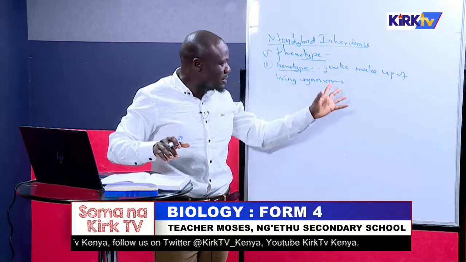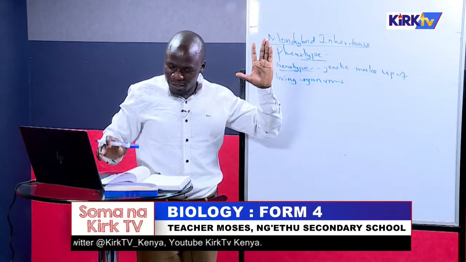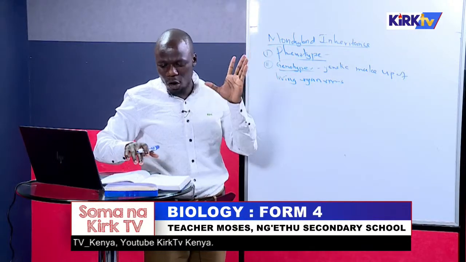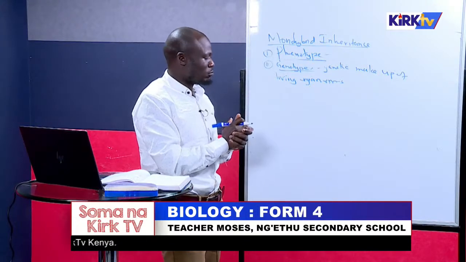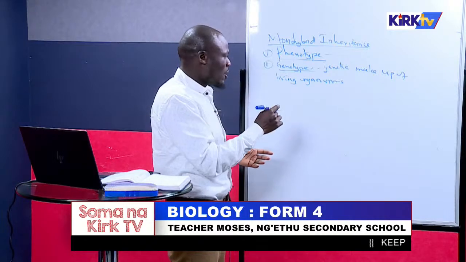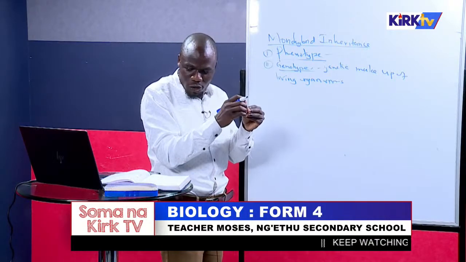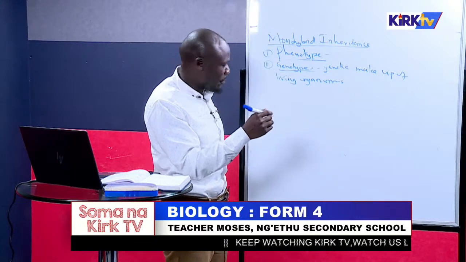So what are some of the details you need to know so that you'll be doing the genetic crosses in the correct way? First, we have to know the symbol, because this involves the male and the female. We always use a symbol to represent the male and a symbol to represent the female.